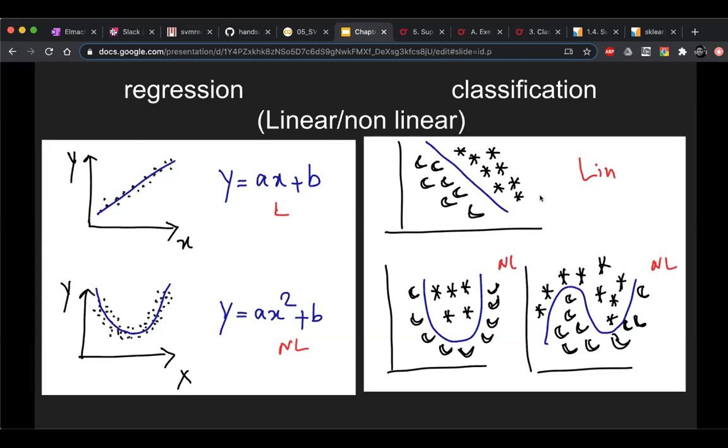For classification, again, we're dealing with linear and nonlinear ones. This is a linear classification task where we want to classify these moons and stars. Yes, I can put a line over here, and these are linearly classifiable. But on these, you can see that I need to put something nonlinear between the two classes to be able to separate them.